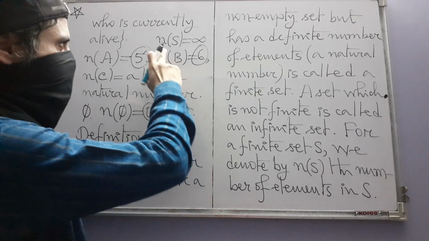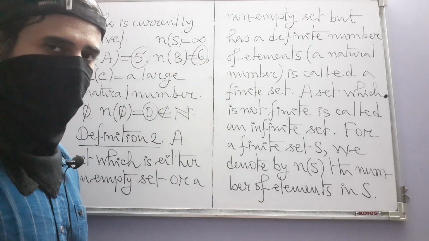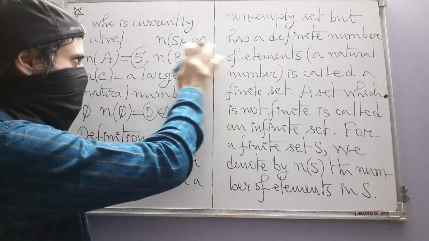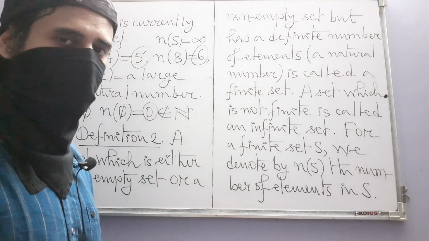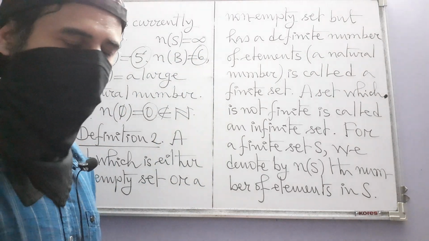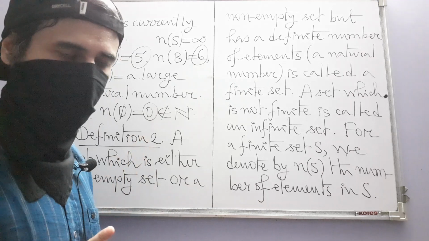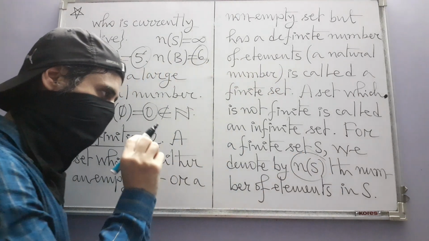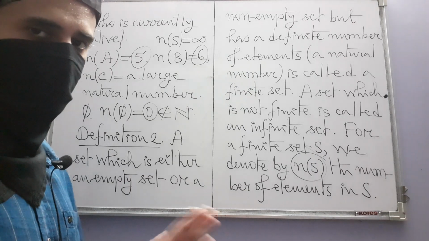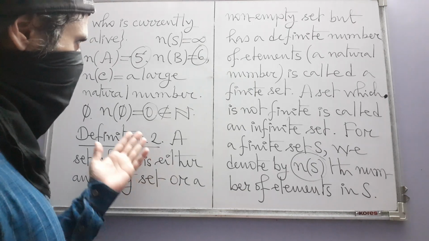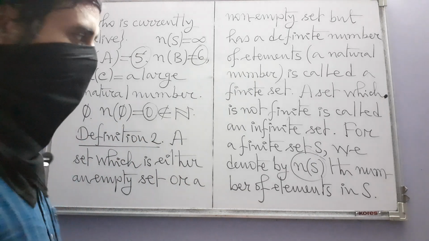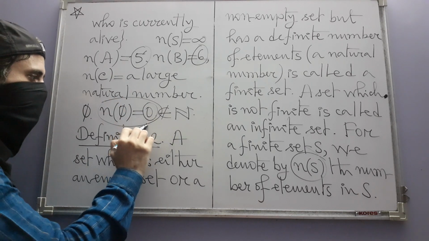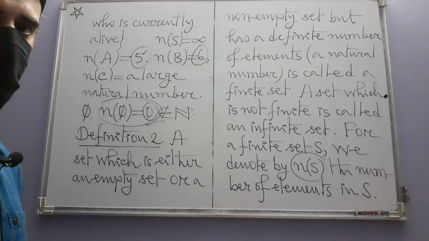This, however, usually is not written. I mean, the fact that S is infinite is usually not expressed by writing this. We just simply say in words S is infinite. However, when S is finite, then n(S) takes on a definite value, and that value is not infinity. It is something like 5 or 6. And if your set is empty, then that value is 0.